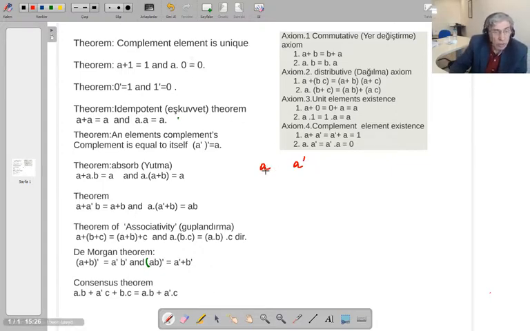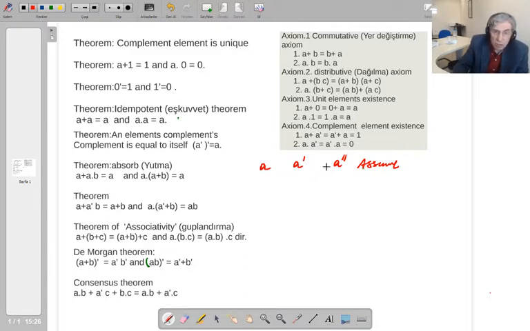Now I am using proof by contradiction, saying: assume that there is another element, A double prime, which is a complement of this A. Just assume that. So what is said here, I am saying the opposite of it. Not this, but this.